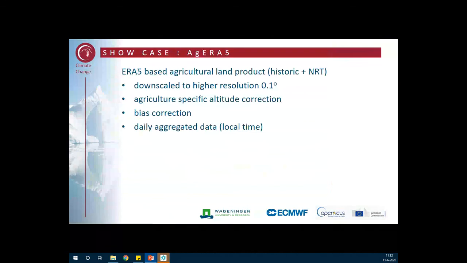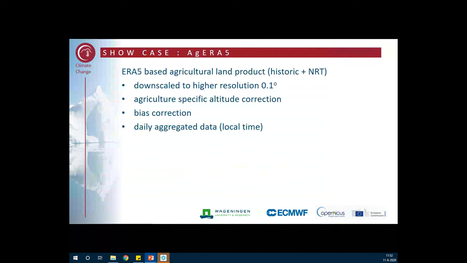The second kind of product was the high granularity climate data or weather data for, let's say, agronomists. We think the basic ERA5 product is not directly useful for many people not familiar with the details of these data sets.